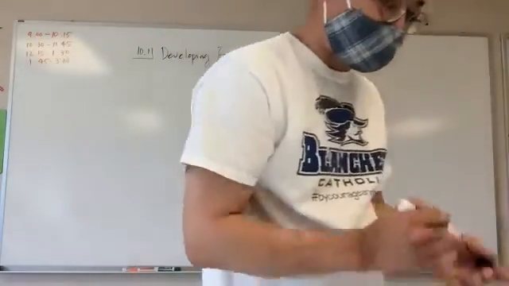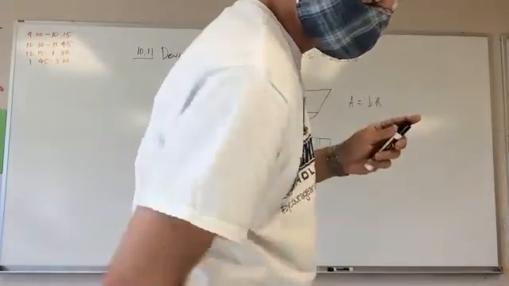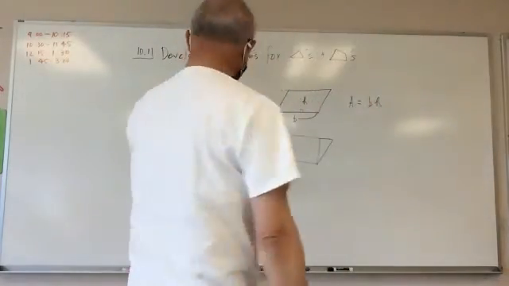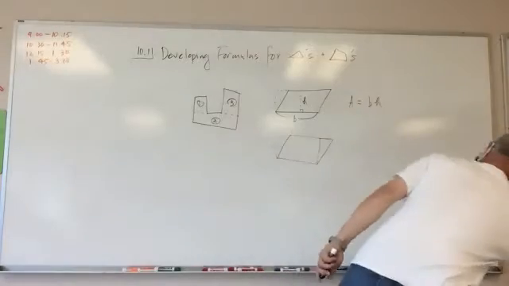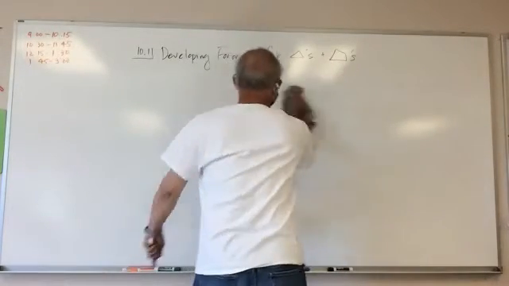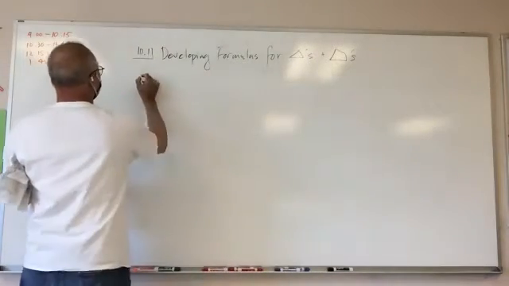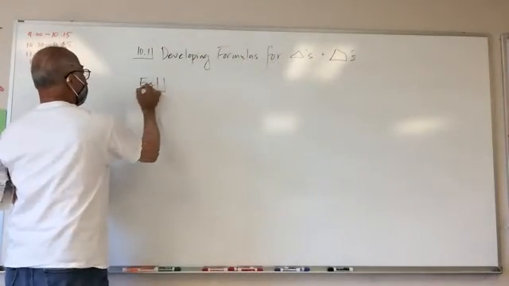Okay, let's look at example number 1. Example number 1. Find each measurement, area of the parallelogram. So we're trying to find the area of the parallelogram. What are the two things we need to know to get the area of the parallelogram? The base and the height.